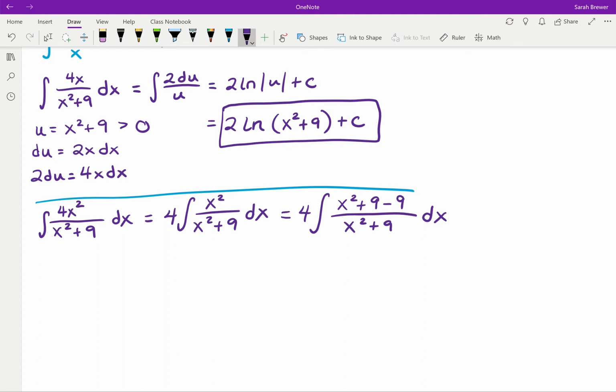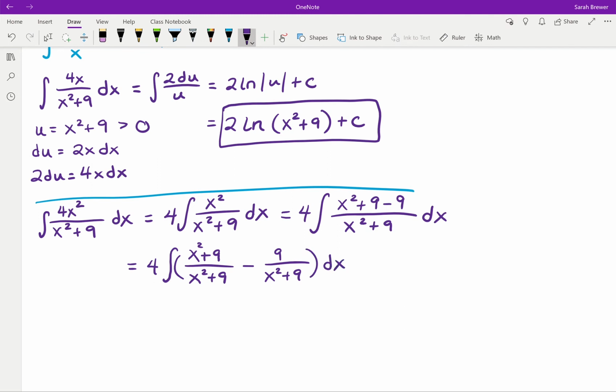And hopefully you can see where I'm going with this now, because now I can split this thing up into 4 times the integral of x squared plus 9 over x squared plus 9 minus 9 over x squared plus 9.